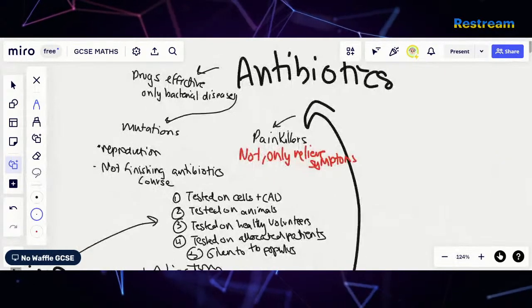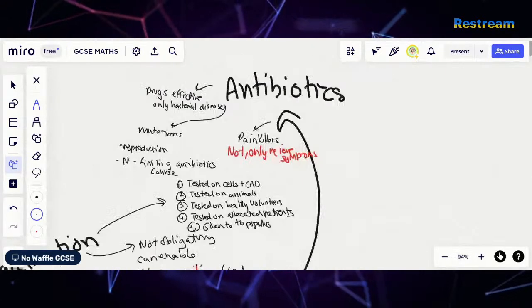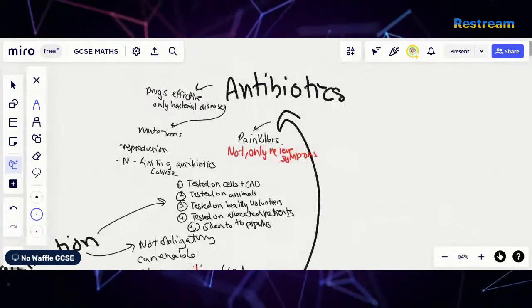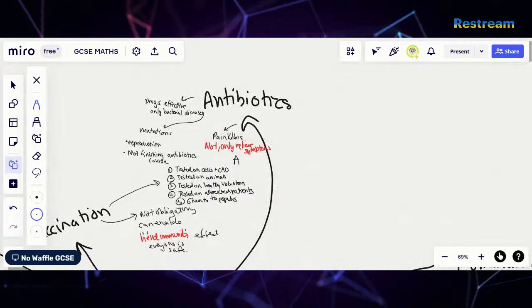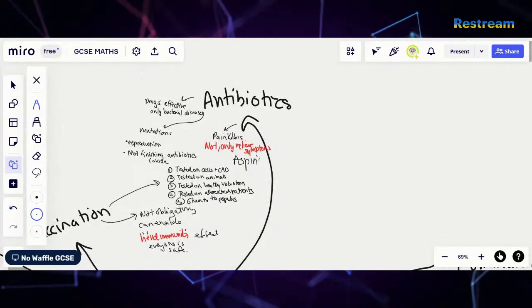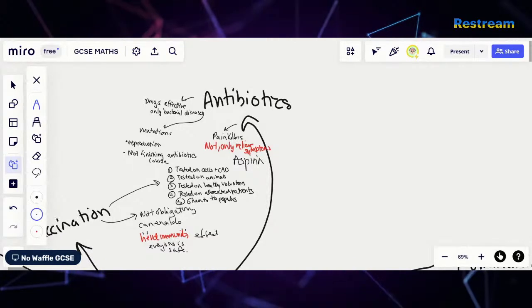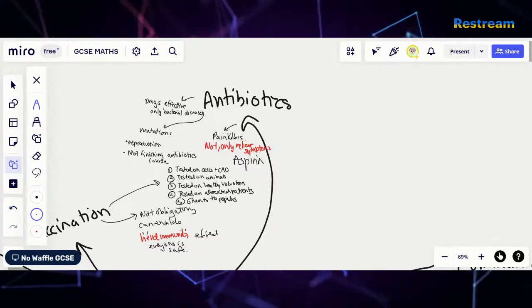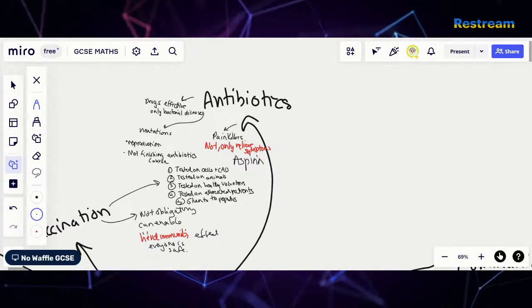So development of drugs, we just need to know about aspirin and how aspirin enabled painkillers, and then digitalis came from the plant foxglove, and then there's also microorganisms such as penicillin.